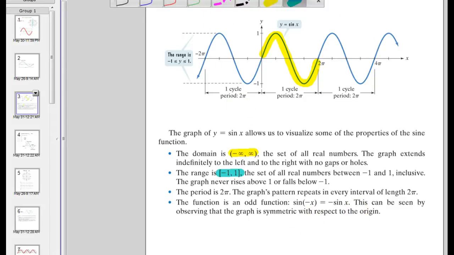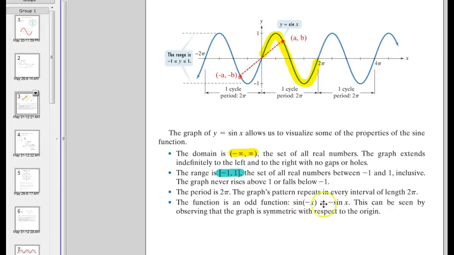So again, what that means is if a point (a, b) is on the graph of the sine function, if we went from that point through the origin and then came out the other side the exact same distance, we would hit another point on the graph, and the coordinates of that other point would be (-a, -b). So when (a, b) is on the graph of an odd function, (-a, -b) is on that graph as well. Okay, so that's a property of the sine function.